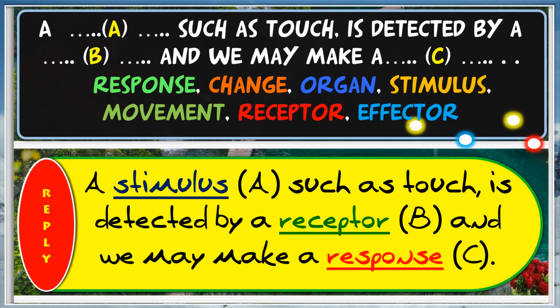A stimulus, such as touch, is detected by a receptor, and we may make a response.